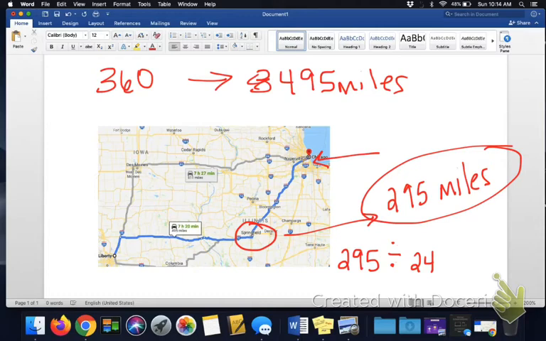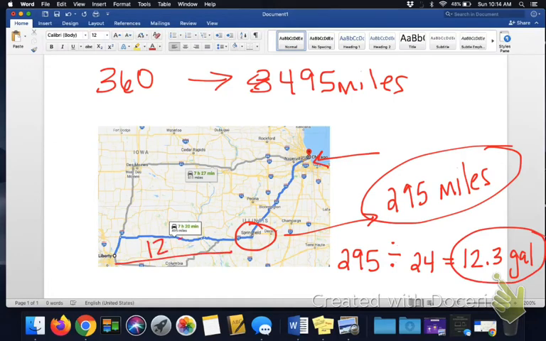When I did that in my calculator, I got 12.2916 repeating. So I'm going to say that I need 12.3 gallons of gas. This is how many gallons I've used to drive from Liberty to Springfield.